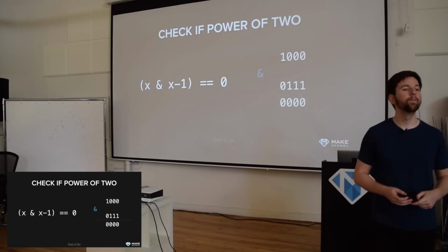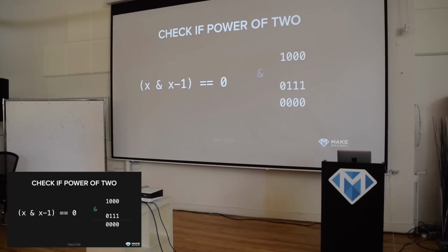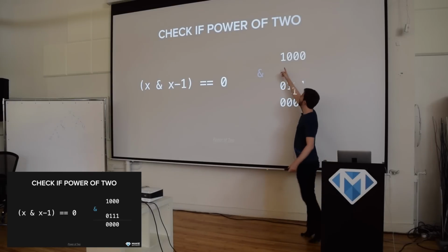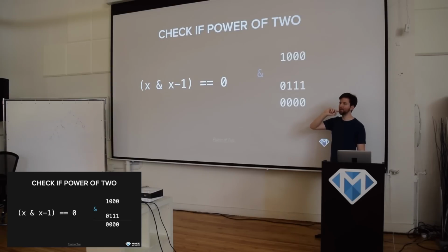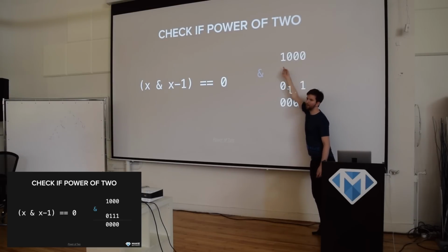Yeah, Elliot, can I explain it again? Sure, let me check the camera really quick. Any number that's a power of 2 will have only one binary digit set. Why is that? Because it's a binary number system. If this were the number 2, then only this would be set. The number 4, only that would be set. This is the number 8, so only that one is set.